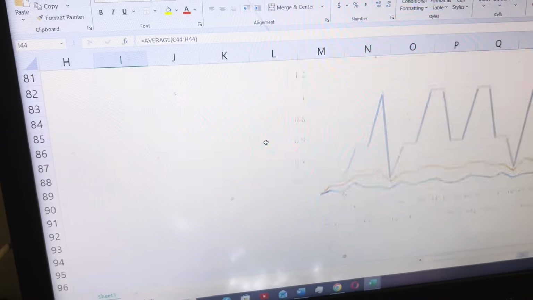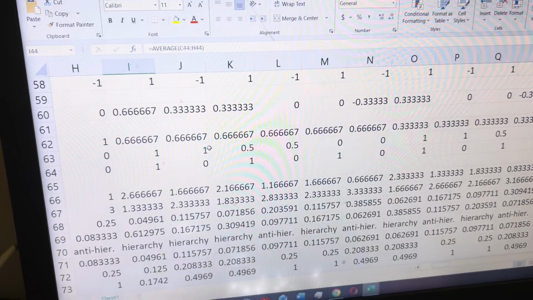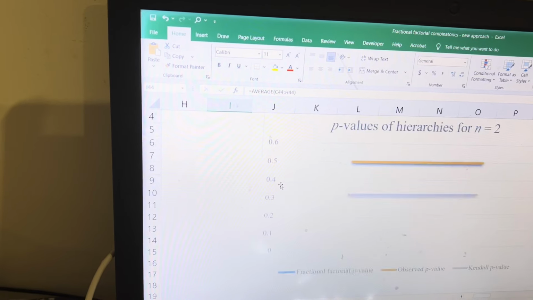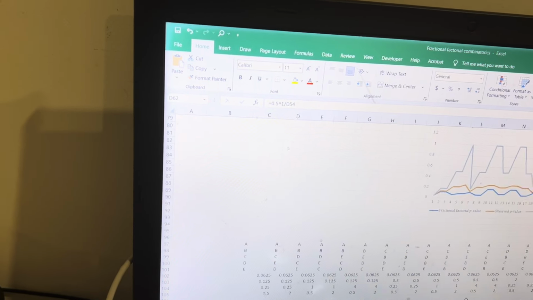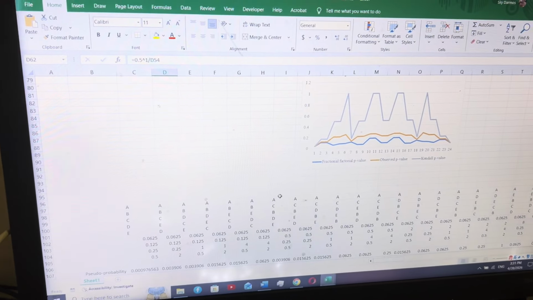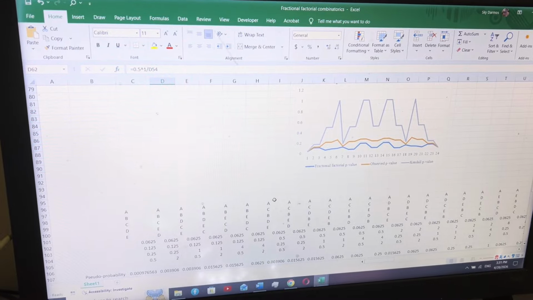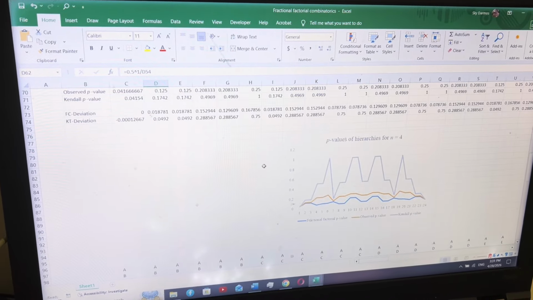But to really know how well this method works, you would have to use programming to probe it for higher values of n, like n equals 6, 7, 8, 10, and higher.